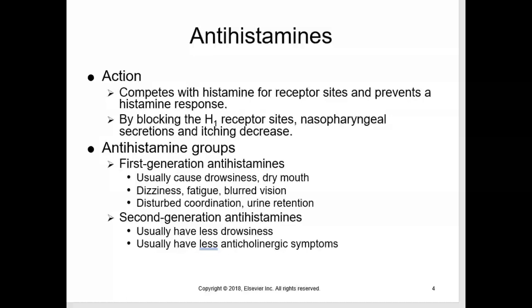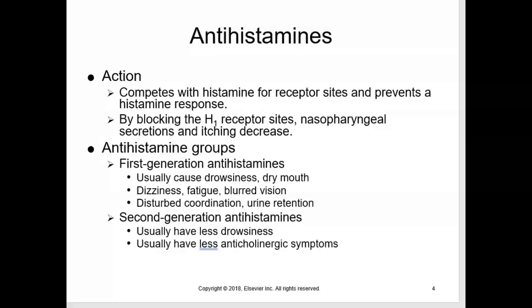Remember there are two big things: drying and no glaucoma. It's going to have that drying effect. Urinary retention might be associated with it. Blurred vision could be associated as an anticholinergic side effect. And again, drowsiness. Diphenhydramine a lot of times is going to make the patient drowsy.